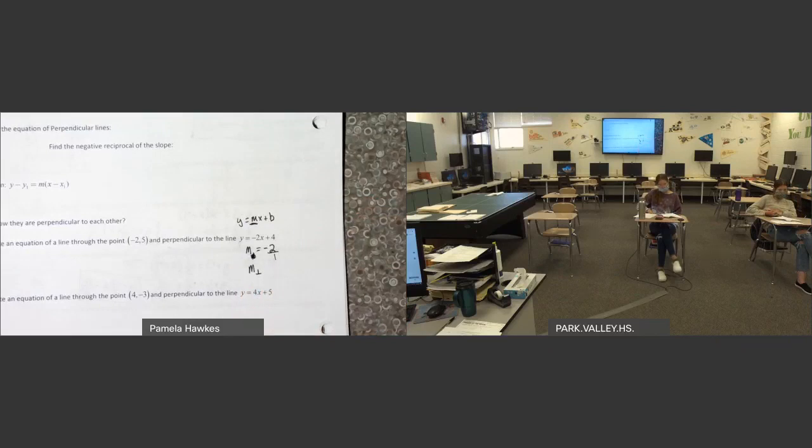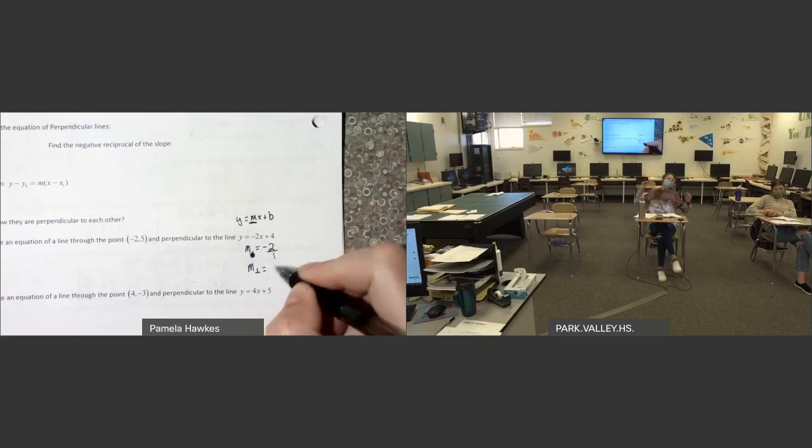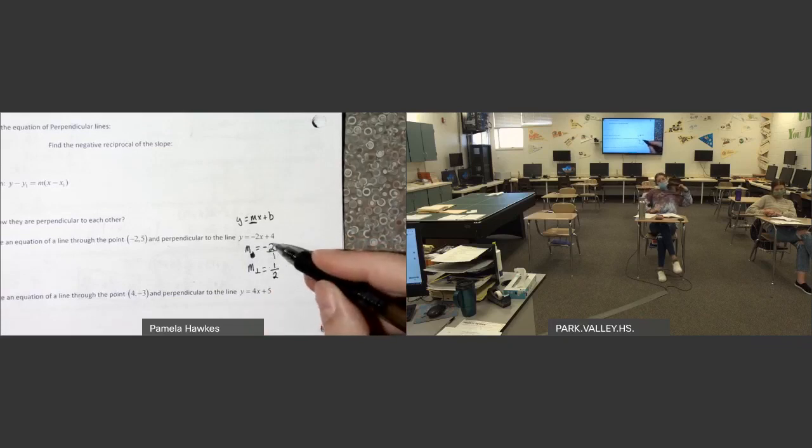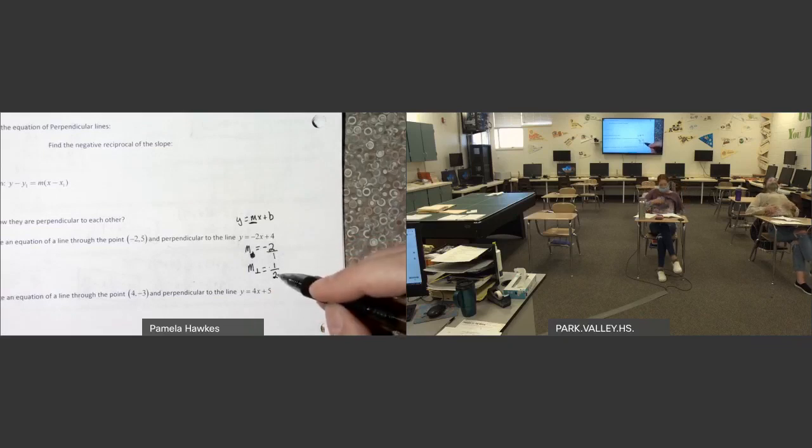Pick a number, Meadow. 7. Tyler. Good. We flip it upside down and switch the sign. So -2/1 flipped upside down is 1/2. It was a negative, so it becomes a positive.